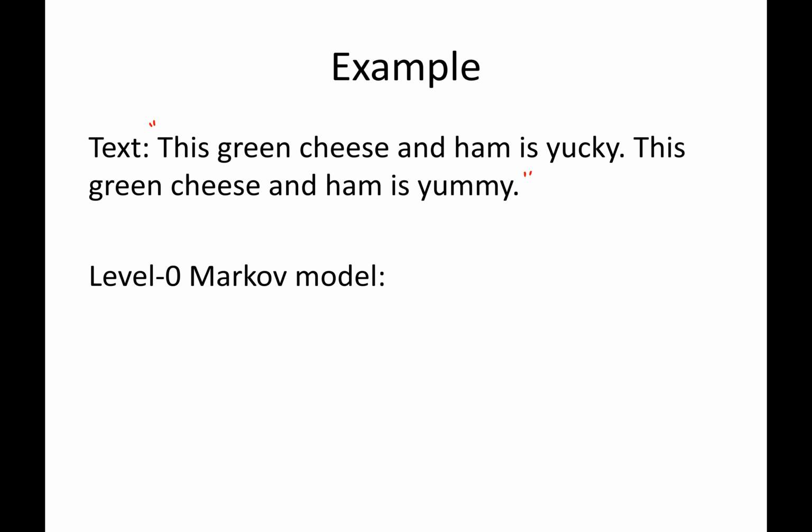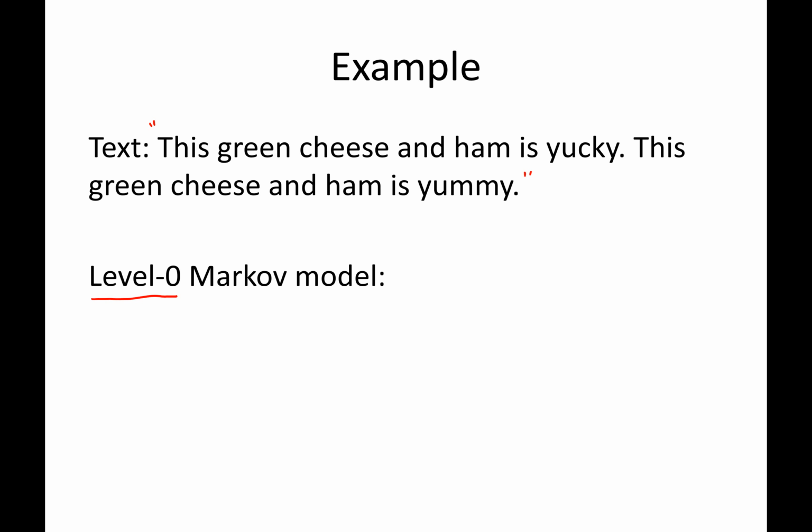We want to use this history to generate new text, and there is some chance involved. For Markov models, there are different levels: level 0, level 1, level 2. The integer value for the level indicates how much history you look at to decide what to do next.